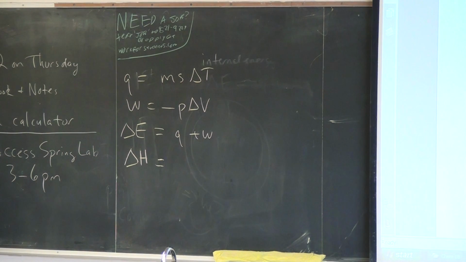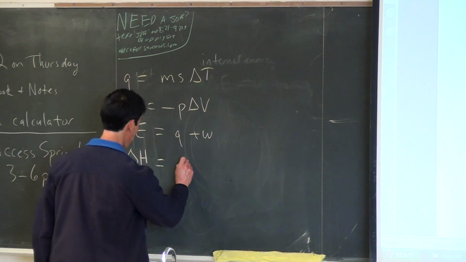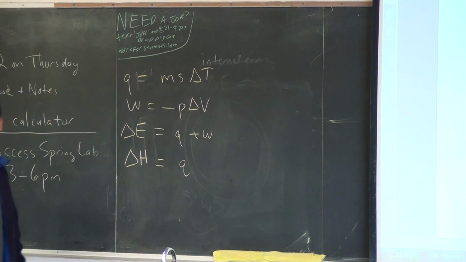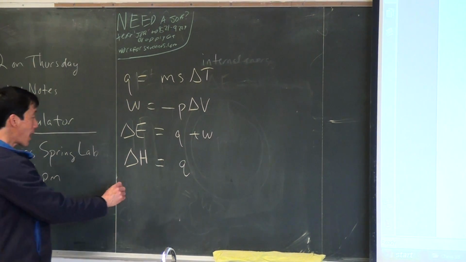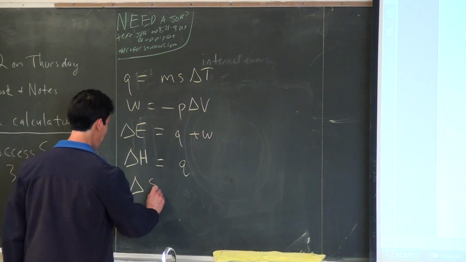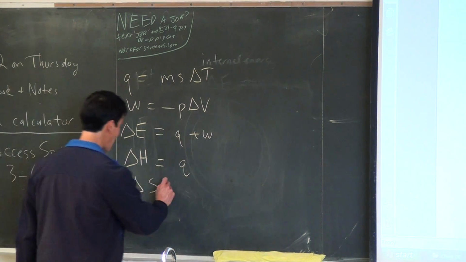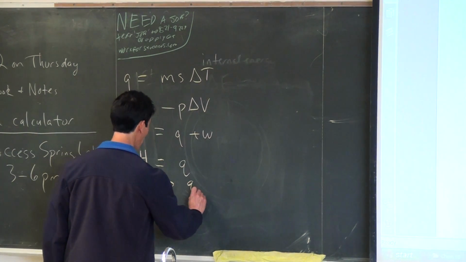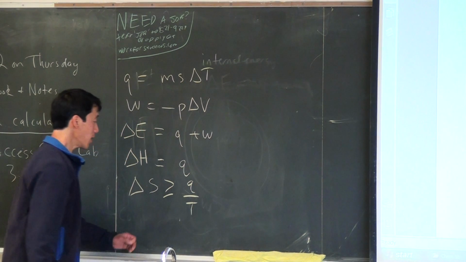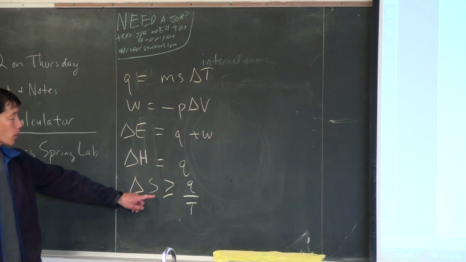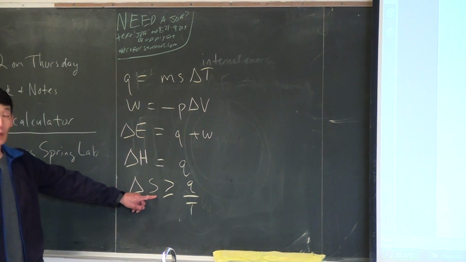It's equal to Q. And for delta S, how is delta S related to Q or W? It's Q over T. Actually it's greater than or equal to Q over T. If the system is at equilibrium, delta S equals Q over T. If it's not at equilibrium, then it's greater than Q over T.